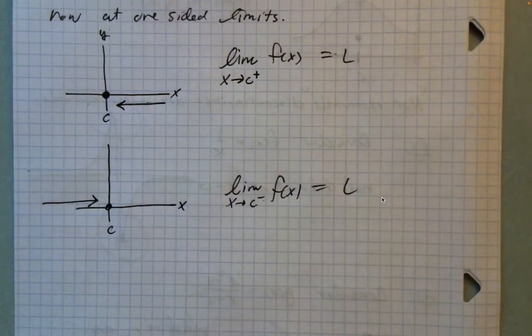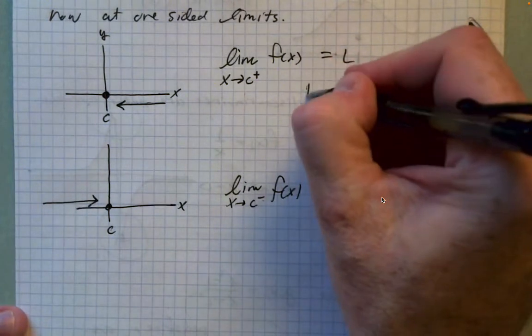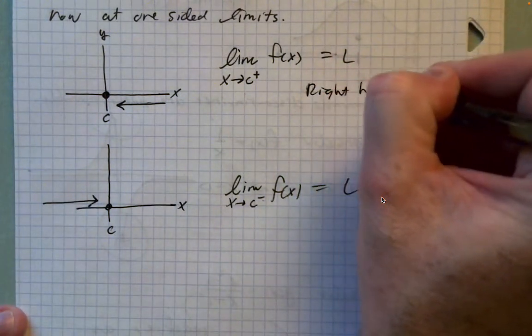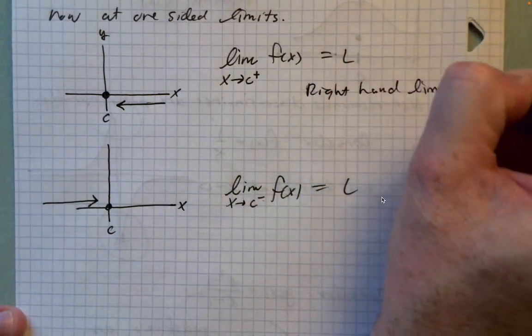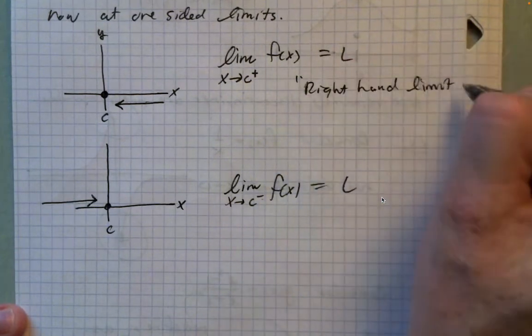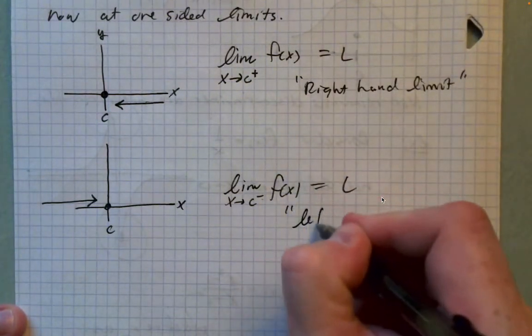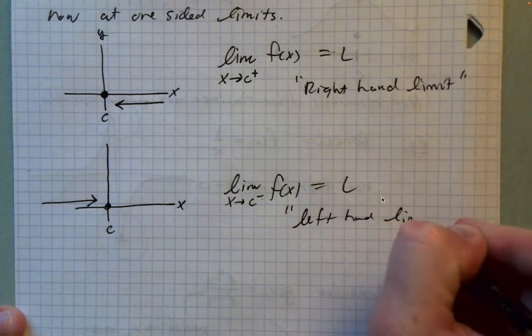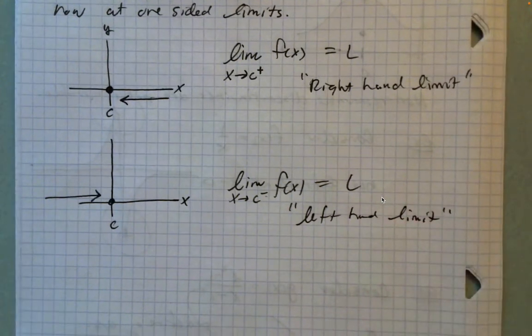All right. So this would be the right-hand limit, and this other one is the left-hand limit. So those two, I mean, intuitive, right? One's coming from the right-hand side, the other one's coming from the left-hand side.